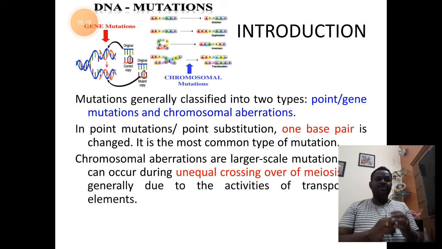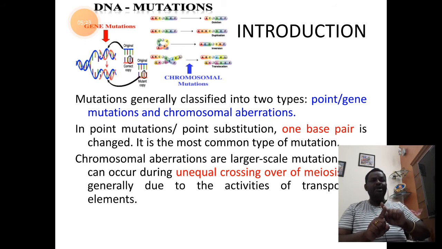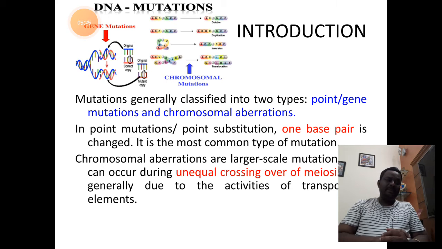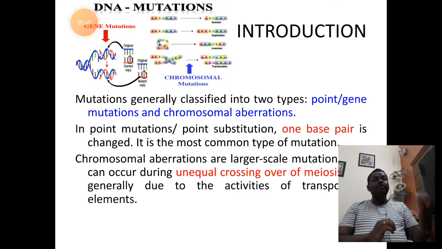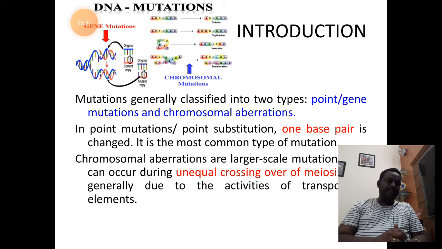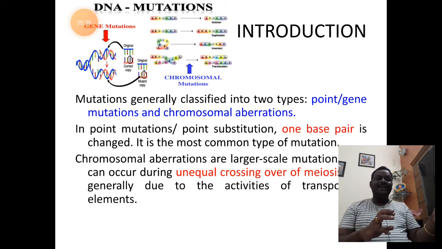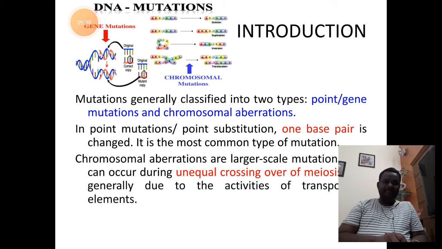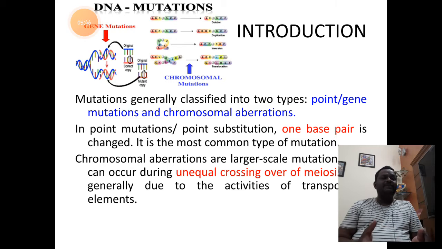Or duplication, where along with one nucleotide, similar nucleotide is added up. Or it could be insertion, where a new nucleotide is added up. Or it could be translocation, where the position of a nucleotide itself changes. So point mutations or point substitutions are common mutations that we find in the first type.